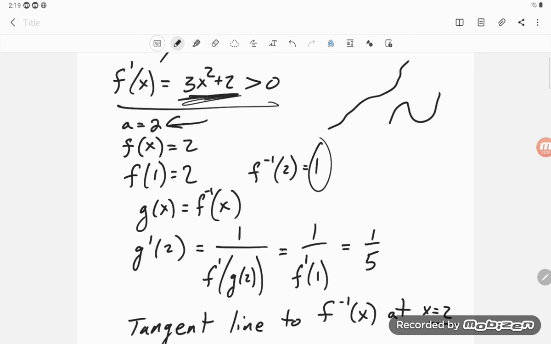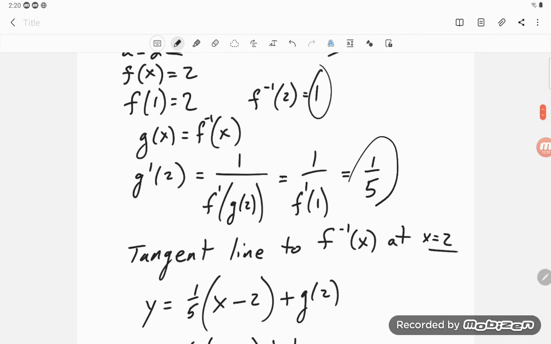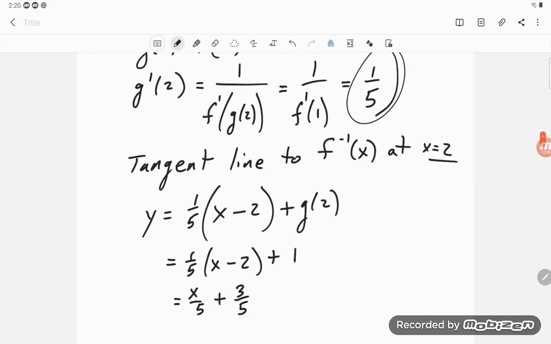In that way, we have an xy coordinate pair for the function, and then we have its derivative of 1/5. So if we have its x and y, and then its slope, we can make the tangent line. All right, so that was exercise 64.